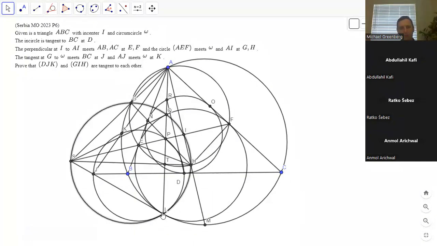And is it obvious it passes through L? If I knew more properties of mixtilinear circles, it might be obvious, but if we know this is tangent to both circles, it's obvious. Then this circle right here, what do we know about this?